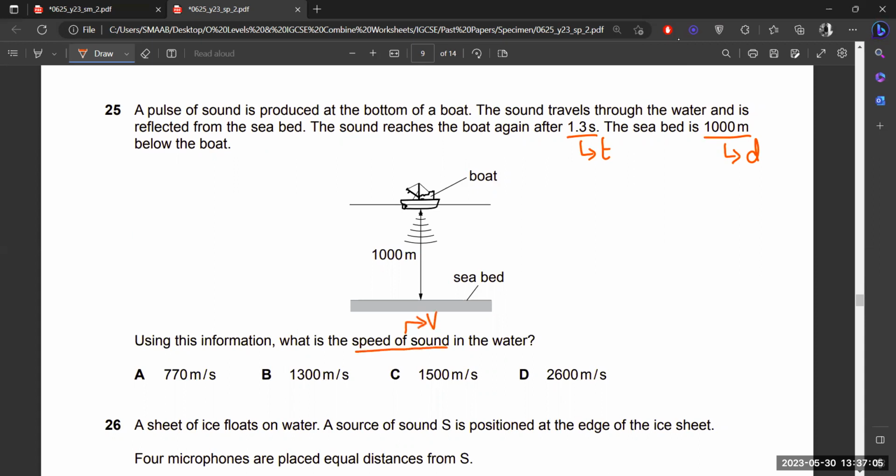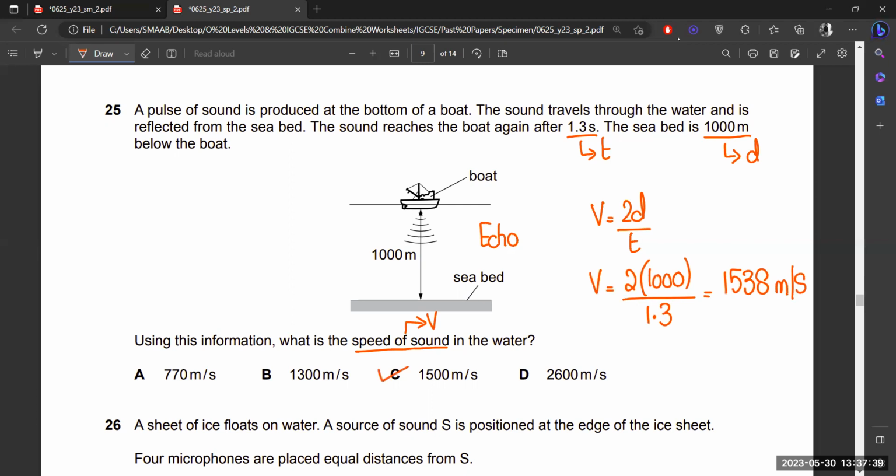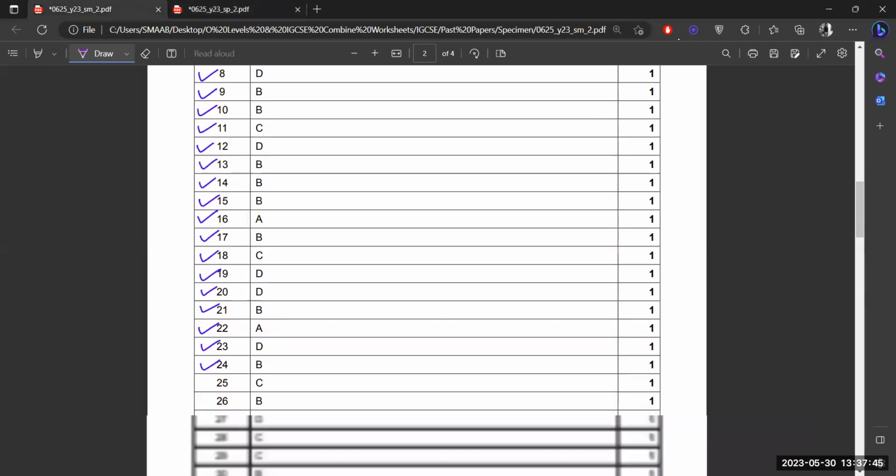We know there is a phenomenon of echo, and we need to use the formula for echo, V equals 2D over T. So 2000 divided by 1.3 is 1538 meters per second. If we round up the value, option C is the right choice.